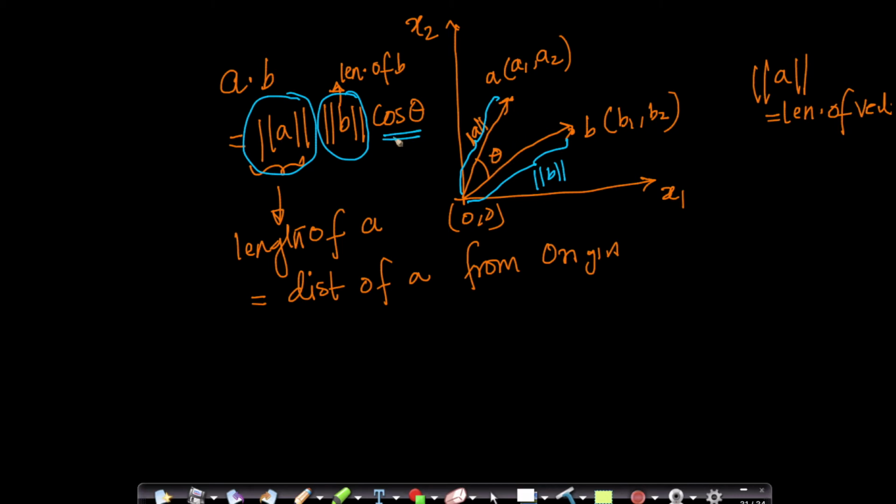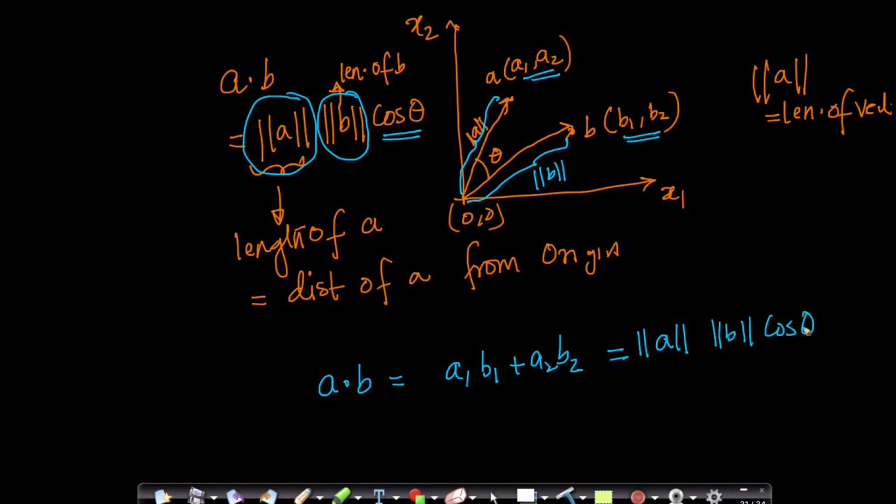Now this is very useful. If somebody gives you two vectors A1, A2, how do you determine the angle between them? Let's quickly see that. If somebody gave you A and B, I can write A dot B as A1 B1 plus A2 B2, which is also equal to the length of A times the length of B times cos theta.